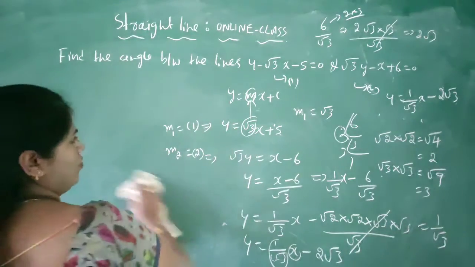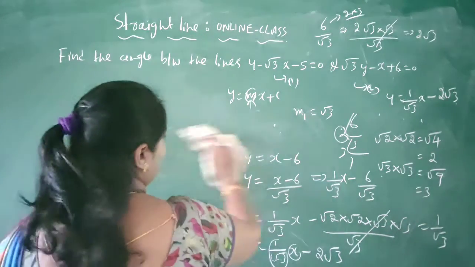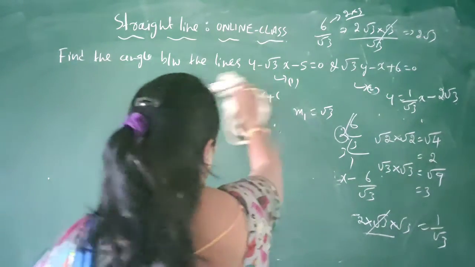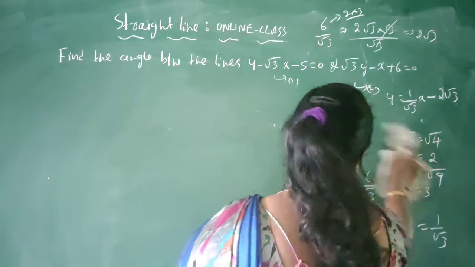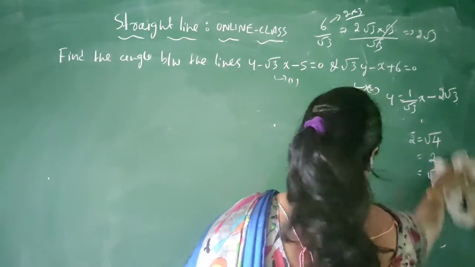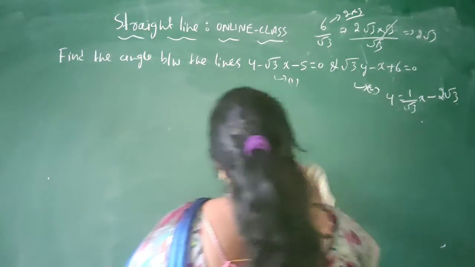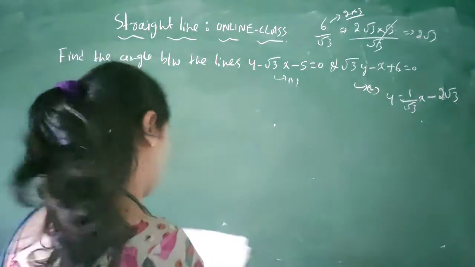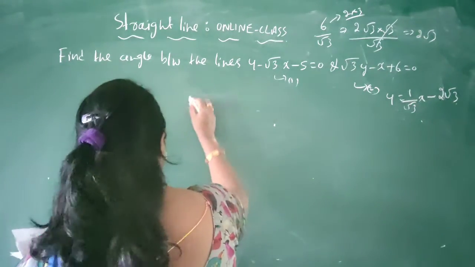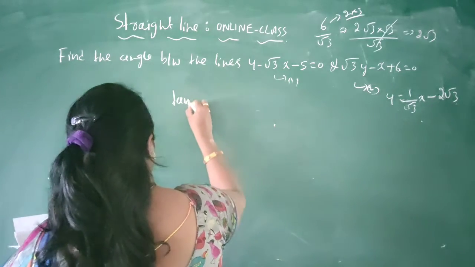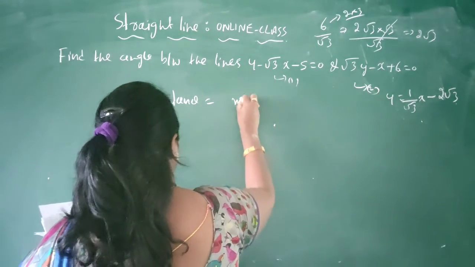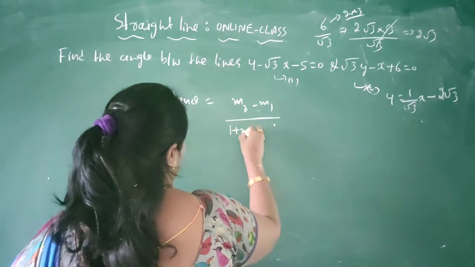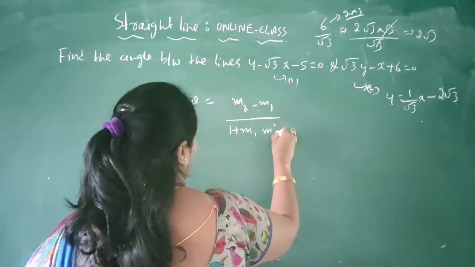After that, which formula we have to use? We have to use the acute angle between the two lines. What is the acute angle between the two lines? That is tan theta. Tan theta is equals to modulus of m2 minus m1 divided by 1 plus m1 m2.